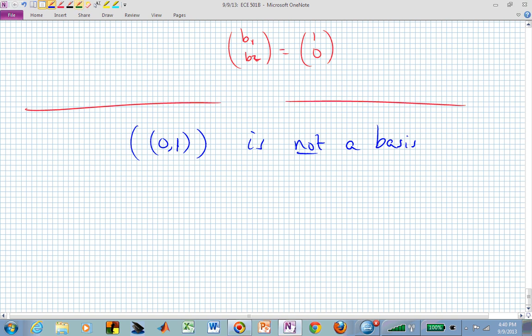And the reason is I can't get to every point in that two-dimensional space. All I can get to are points in the y direction. Is that clear? So this doesn't span. So this fails being a basis because this doesn't span R2.